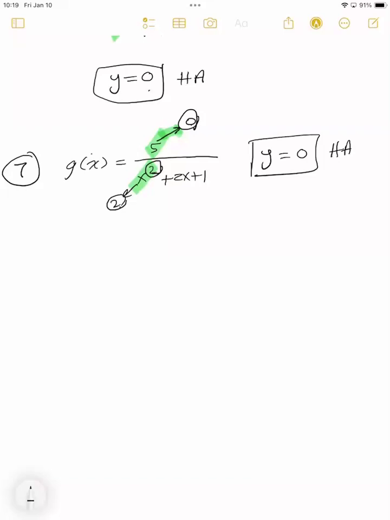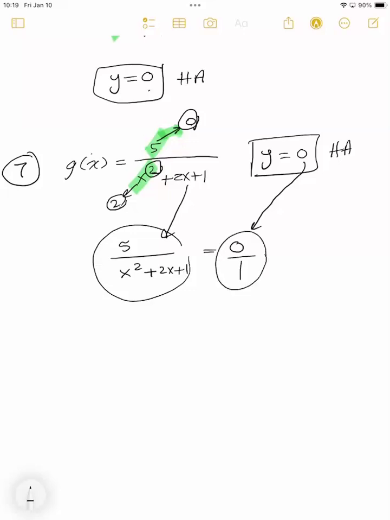Then it asks, is the horizontal asymptote going to get touched or crossed by the graph? To test that, you set the function equal to the horizontal asymptote, and then you solve. Since you have one term on each side, you can cross multiply: 1 times the bottom of the other side, and the bottom times the top of the other side. 5 times 1, and 0 times that.